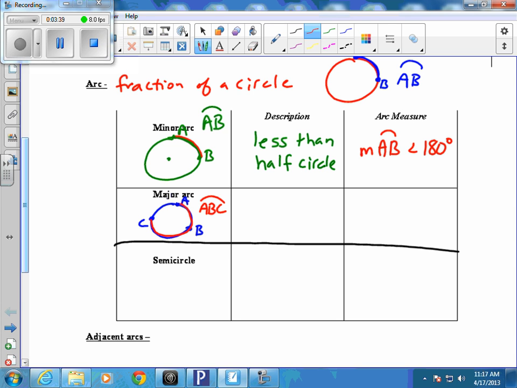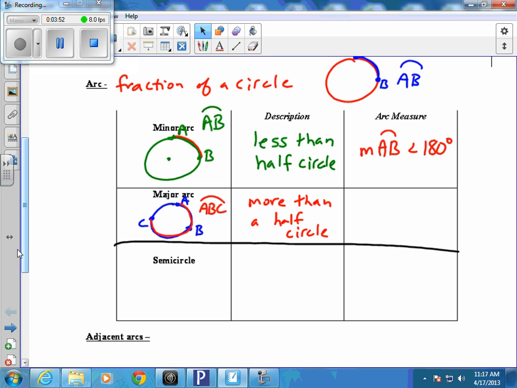We need three letters, like we learned in class, for a major arc. And that is more than a half circle. The measure of arc ABC would be greater than 180 degrees.